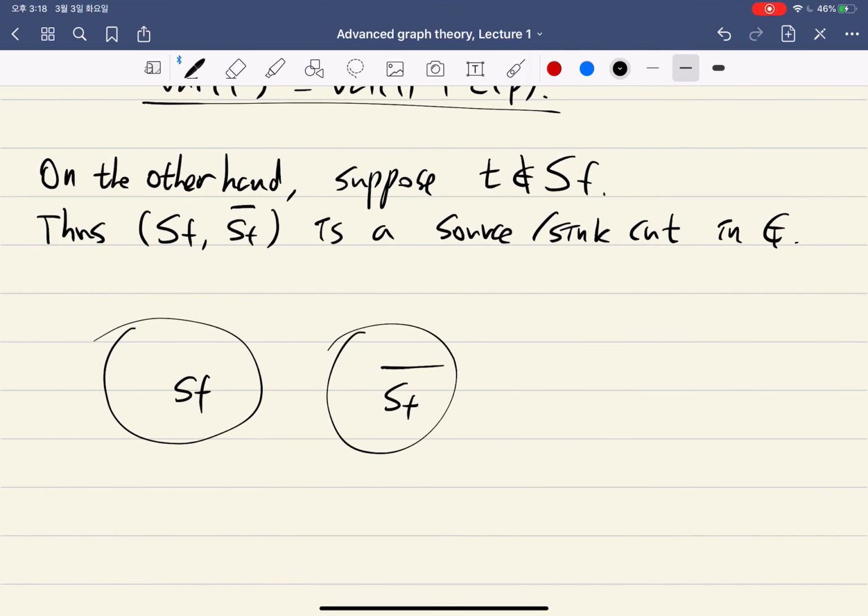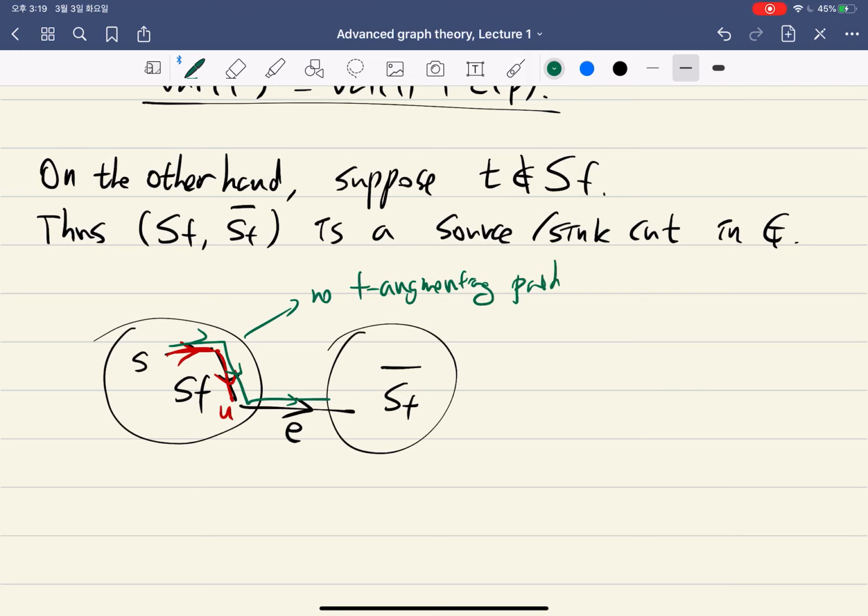Then, what does it mean? If there is some edge E between these two, from S_F to its complement, then it means that there is this path from S to here, which is an F augmenting path to this U. But if we extend it by adding this E, then this is no longer F augmenting. It was F augmenting before, but now it is not.